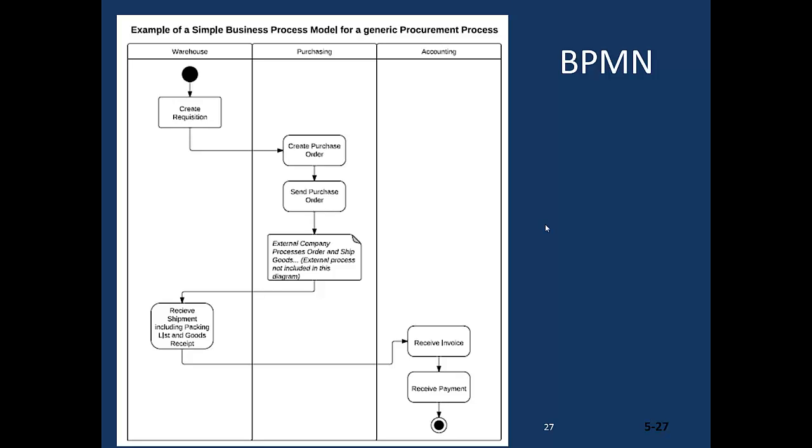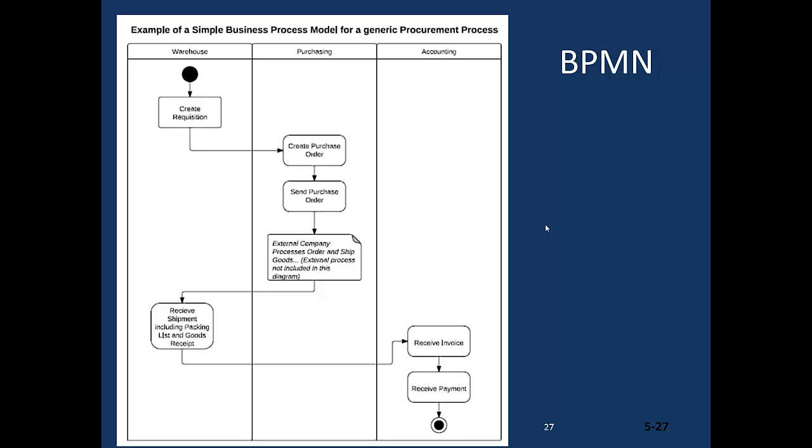So BPMN. So that you can see we have 3 columns, and these are called swimming lanes. So you think of it as an Olympic style swimming pool where you have different lanes. So each lane represents a different role, or it could be a different business unit. It really depends on how you want to define it.